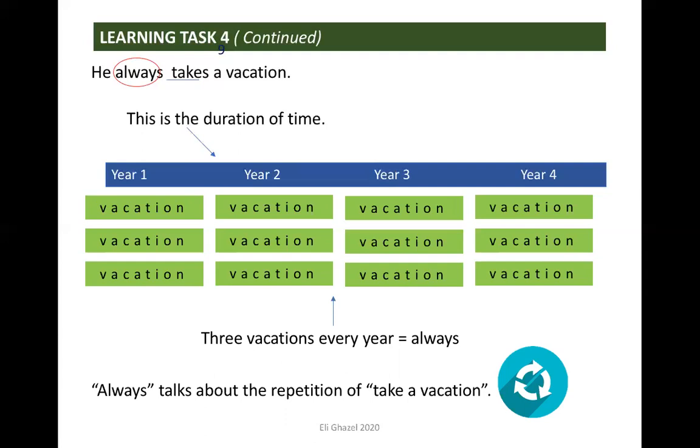I'm not saying don't teach them, but don't waste the time giving it a name. Try to use up the time to give it a meaning and a concept. So now we have 2 types of words. We have the words that talk about the time, and we have the words that talk about the repetition of the action.